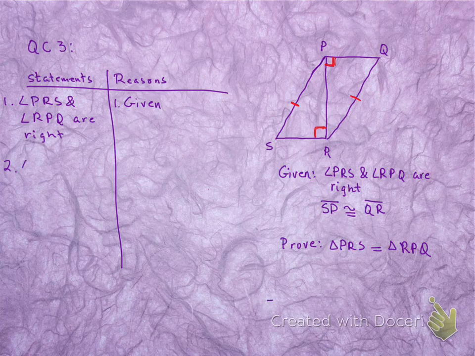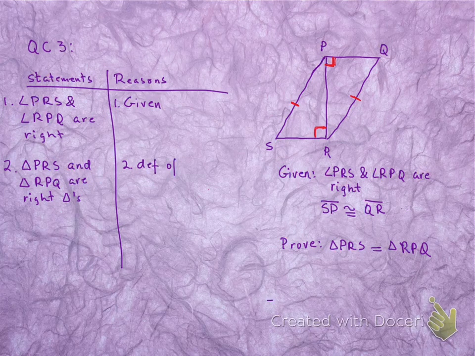So the first thing that we're going to say is triangle PRS and triangle RPQ are right triangles. And the reason is definition of a right triangle. A triangle is only a right triangle if you've got right angles.